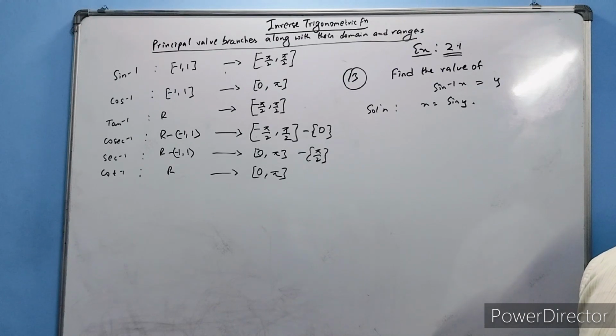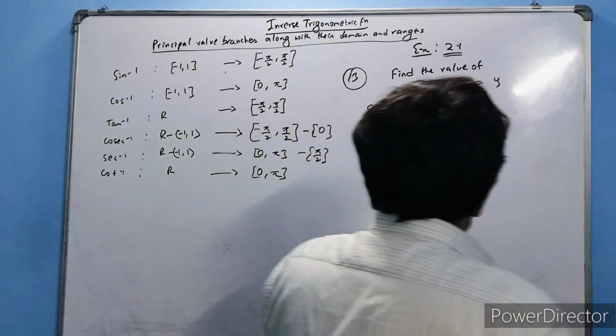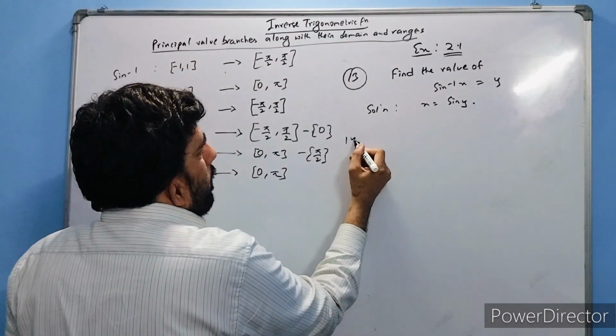Next we have tan inverse root 3. Now let us try to solve this.